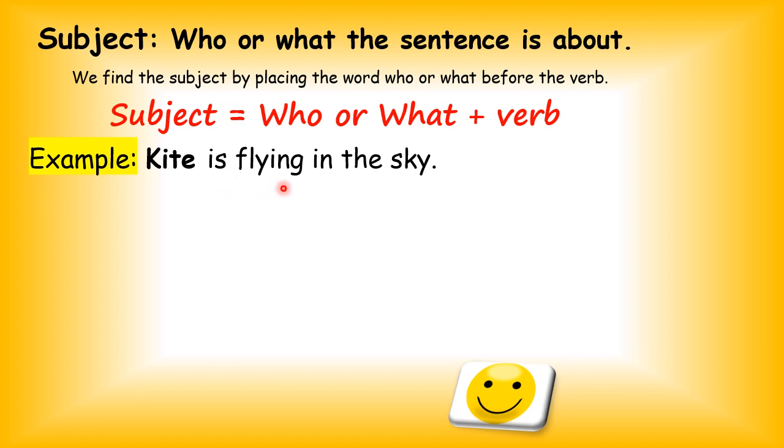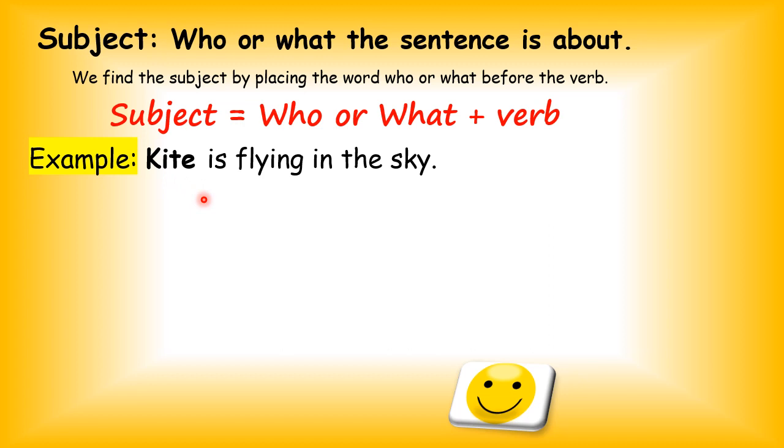Is and flying are the verbs. Is it clear, children? So we have to place what before is. Our question will be, what is flying in the sky? Kite is flying in the sky. That means we are talking about the kite. So kite is a thing in the sentence, which is the subject of the sentence. Is it clear, children?